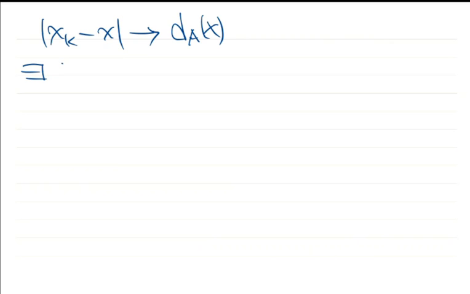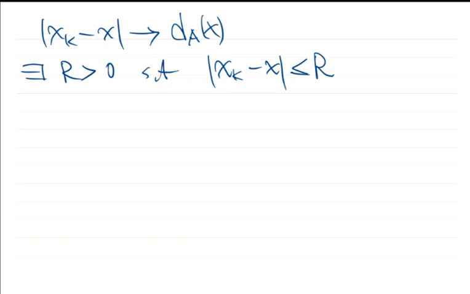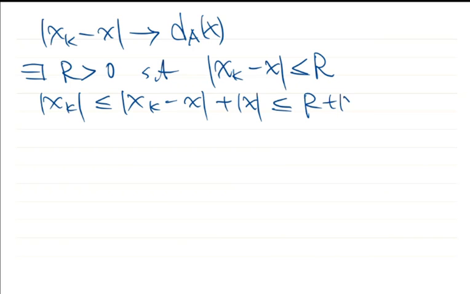So there exists a positive R such that every element in this sequence is not greater than R. So in particular, the norm of xk will be not greater than R plus the norm of x by the triangle inequality. So the sequence xk is bounded. This is important: xk is bounded.